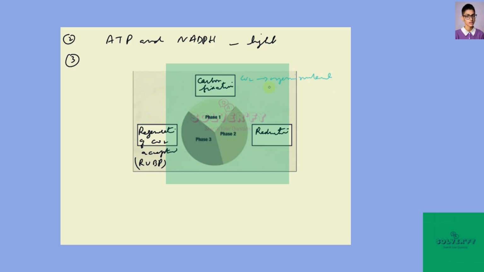The enzyme rubisco catalyzes this reaction between carbon dioxide and the 5-carbon molecule, which is ribulose 1,5-bisphosphate, producing two 3-carbon molecules of 3-phosphoglyceric acid.